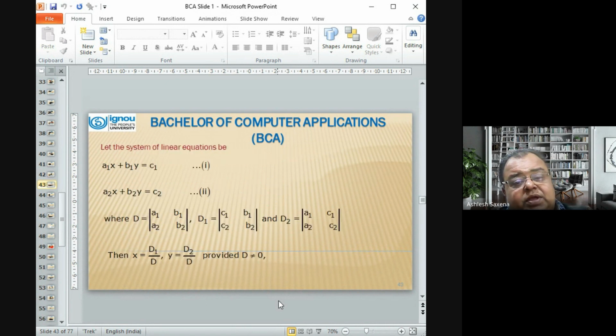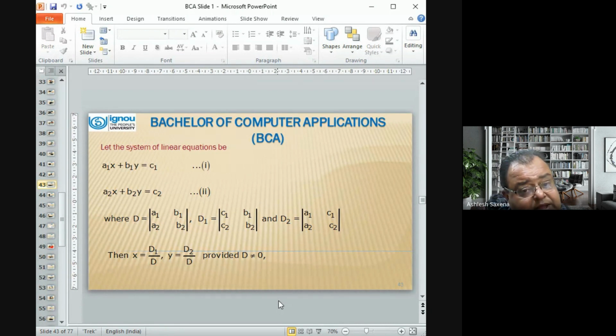Now, we have to solve a set of equations. You can see there are two equations: a1x plus b1y equal to c1, and the second equation is a2x plus b2y equal to c2. We have to determine the value of x and y.